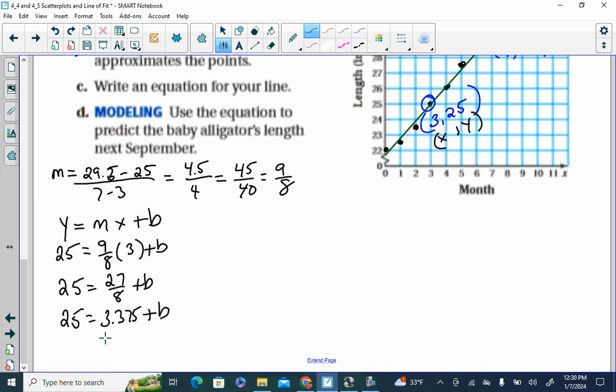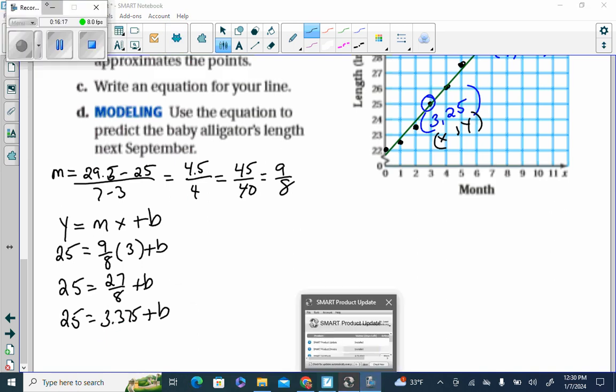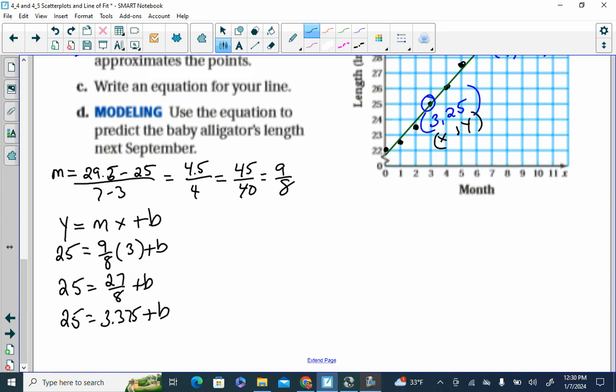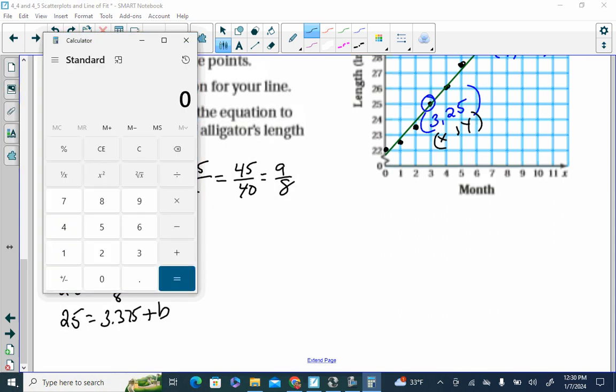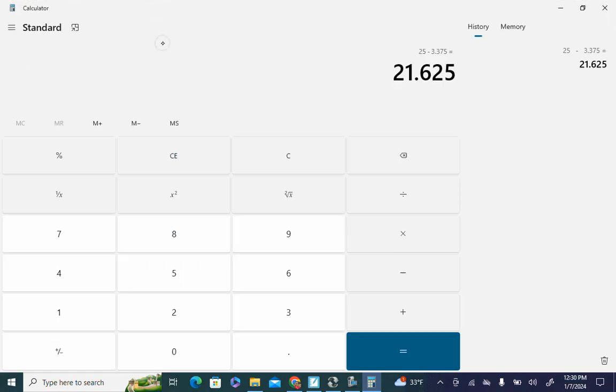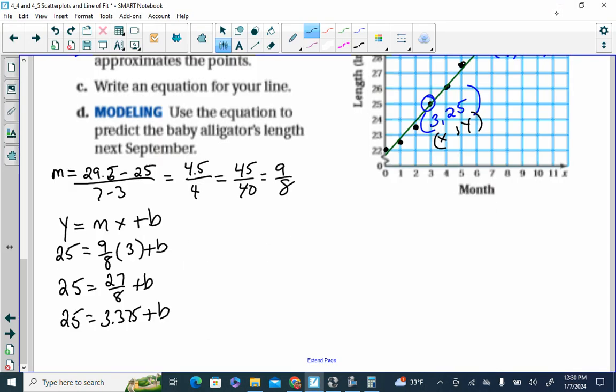And then when we solve for b, might as well do that here. I want to use my calculator button. So I'm going to do 25 minus 3.375. I'm going to get 21.625. 21.625 is going to be equal to b.